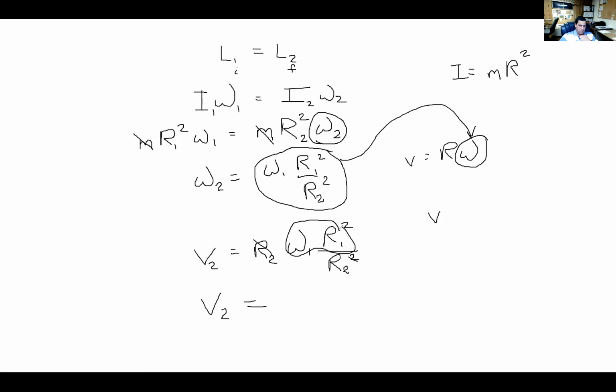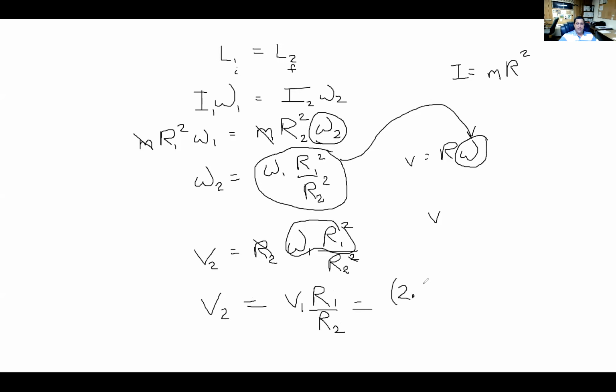So V1 times R1 squared is going to be V1 times R1, because one of these R1s goes to this V1, divided by R2. So that simplifies pretty nicely.